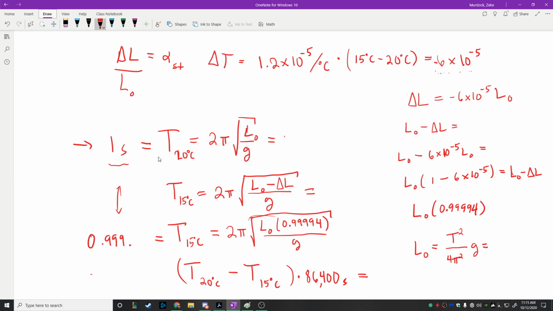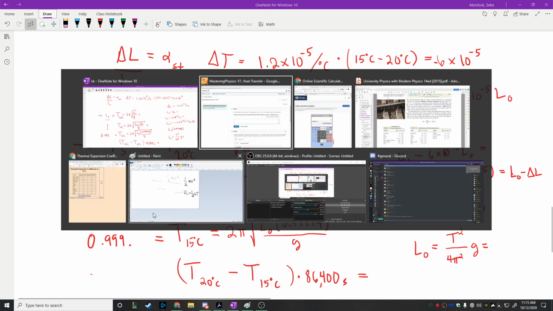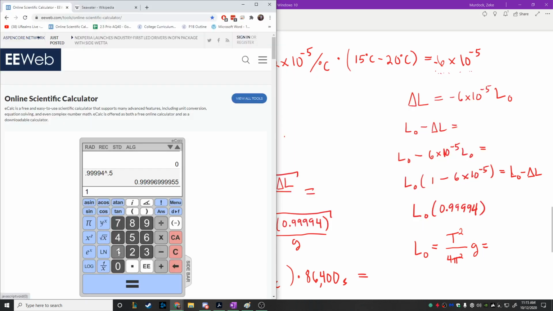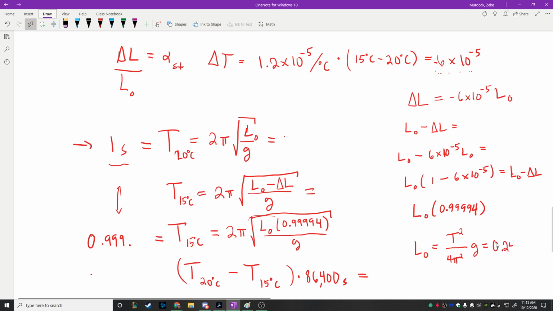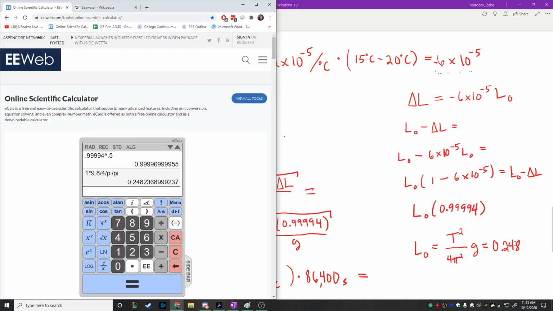The answer is going to be something like 24.9, right? So it's 1 times 9.8 divided by 4 divided by pi divided by pi. Yeah. Oh, I was close. 24.8. So 0.248. We need this to a lot of accuracy, don't we? I mean, what I'm going to probably do is just not round at all.